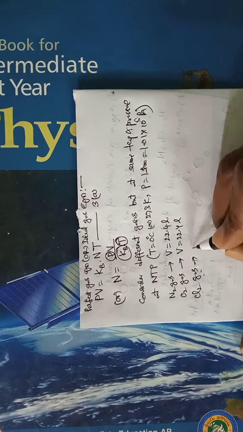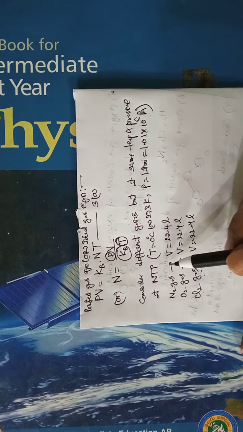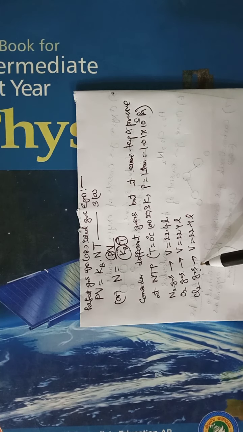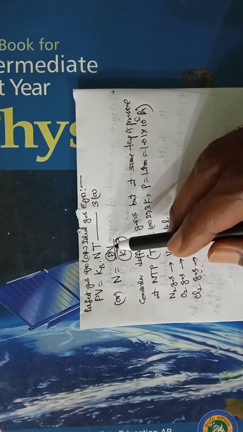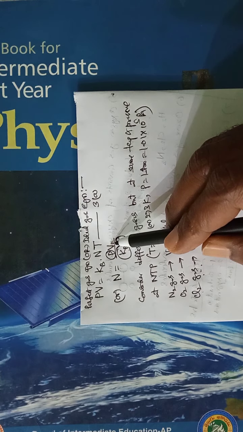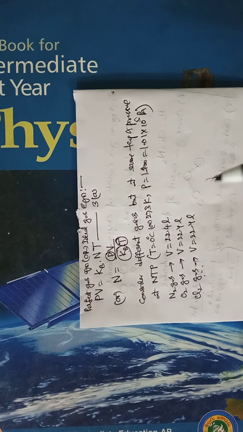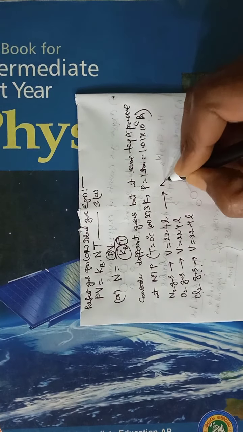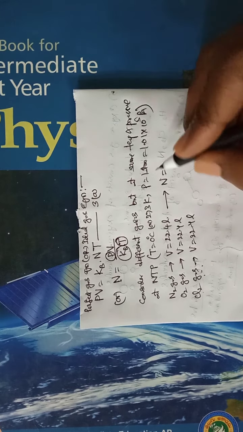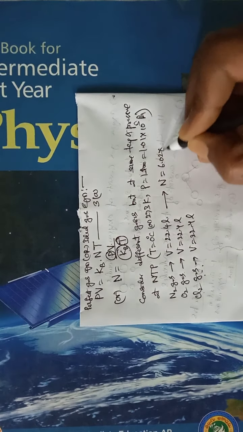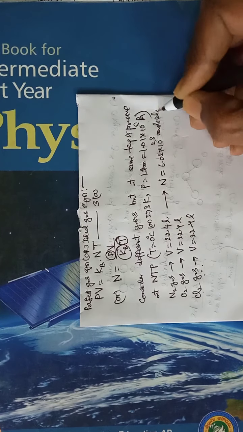You have taken chlorine gas also 22.4 liters. You have taken three different gases but the same volume. If volume is same, number of molecules also will be same. Suppose in this volume there are 6.02 into 10 to the power of 23 molecules.